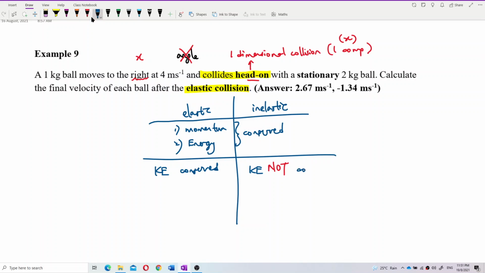That's the only difference between elastic and inelastic collision.